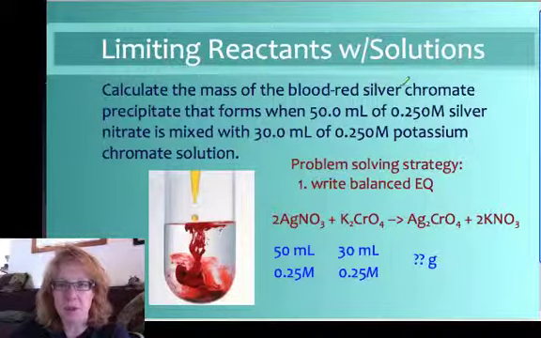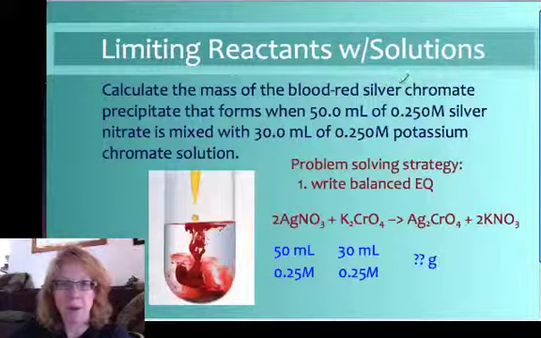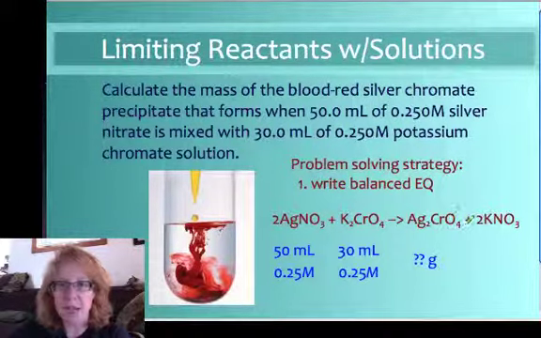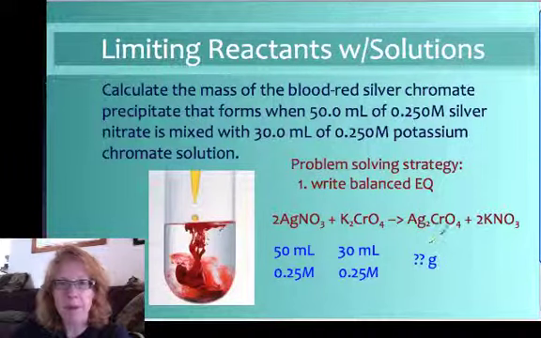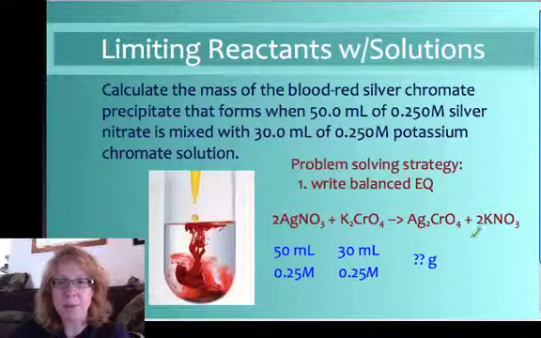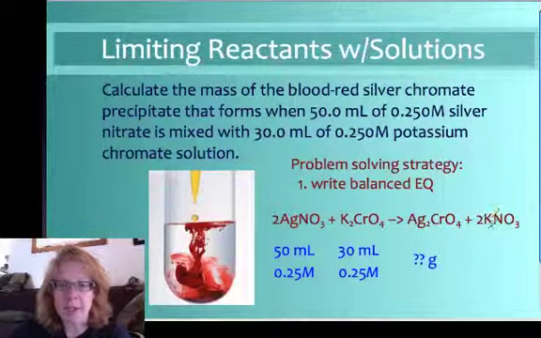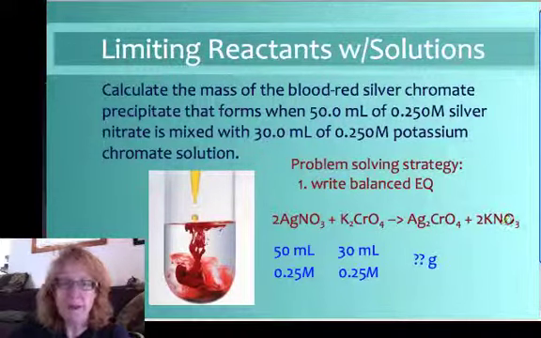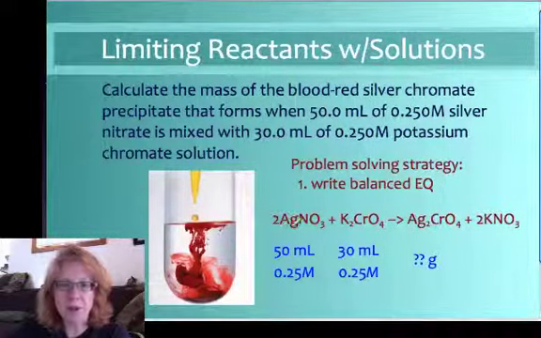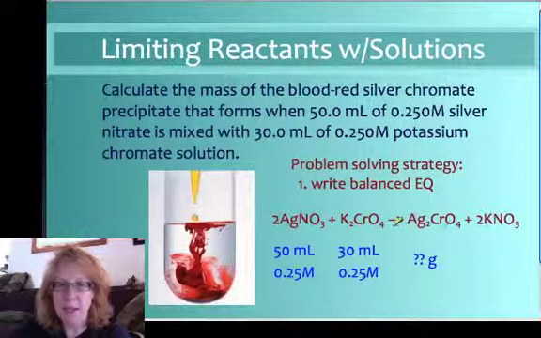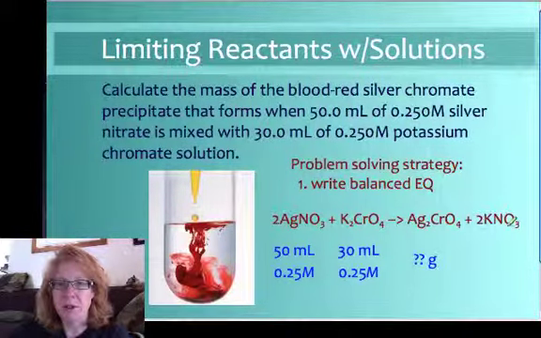One of our products we know is silver chromate, because it says so here in the problem. So here it is, silver chromate. Again, chromate, CrO4, is a 2-, so there's 2 silvers in that formula. And then our other product, because it's double displacement, has to be the leftover ions, which is potassium and nitrate. Finally, I went through and balanced it all. So it's 2 silver nitrates, 1 potassium chromate yields 1 silver chromate and 2 potassium nitrates.